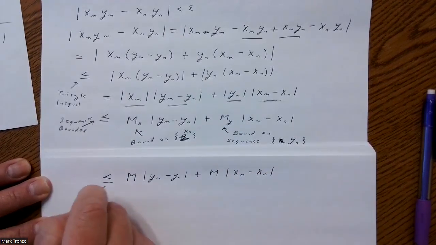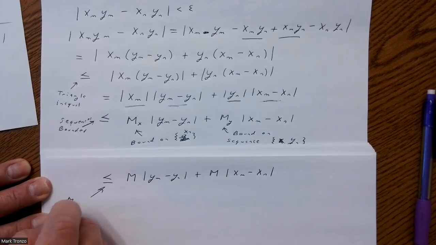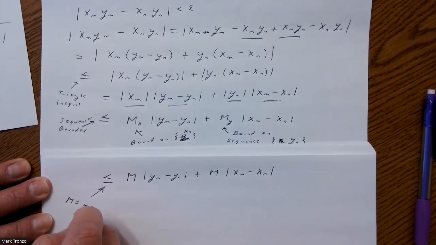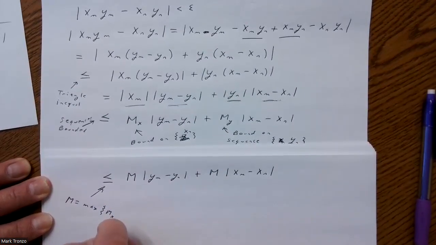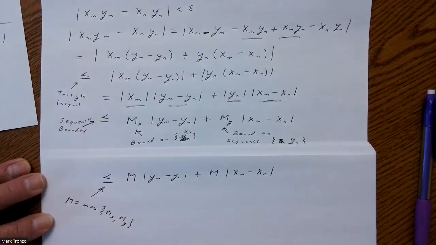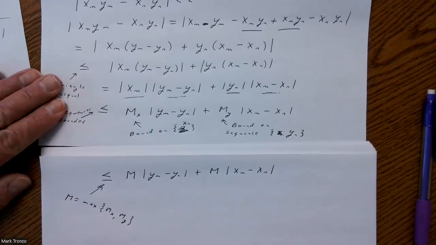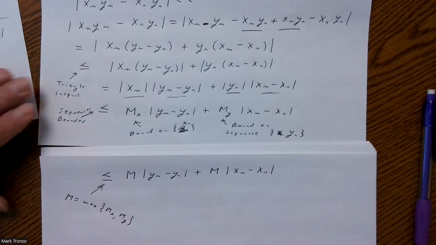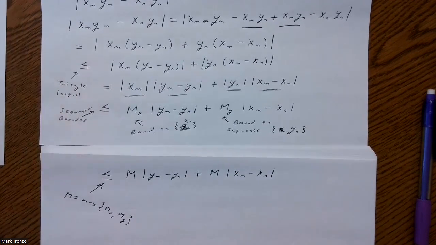And then this time, where M is the maximum of the MX and MY. So see if there's any questions so far. If there's anything that doesn't look right or anything so far.